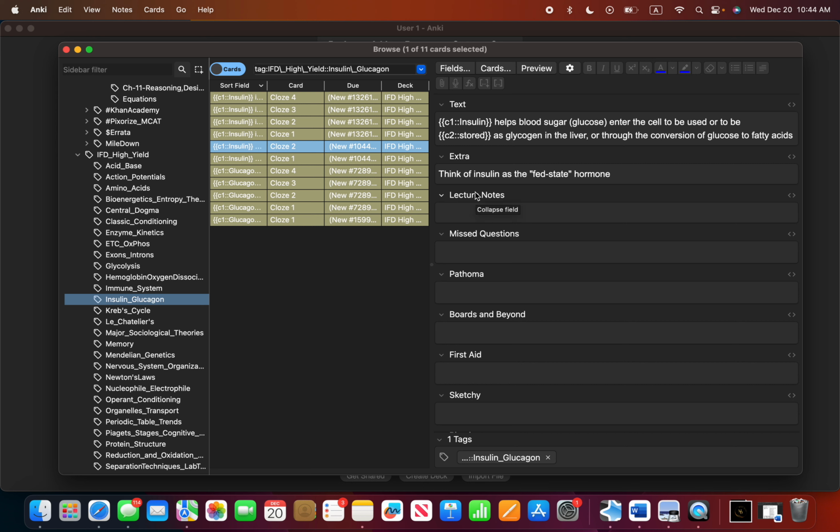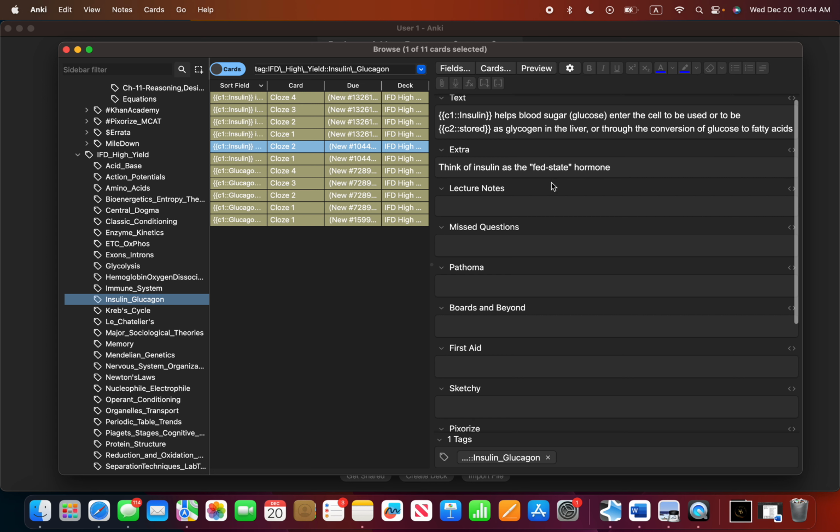Think of insulin as the fed state hormone. So when you're fed, when you're not hungry, when you're satiated, insulin is the hormone for that. It causes you to be in that state, to be fed, right?